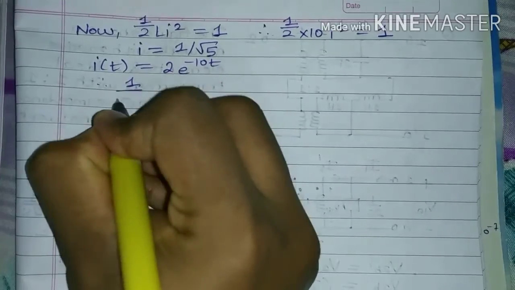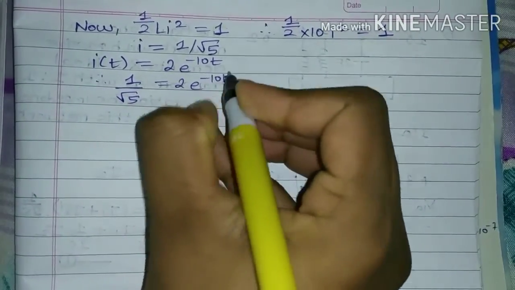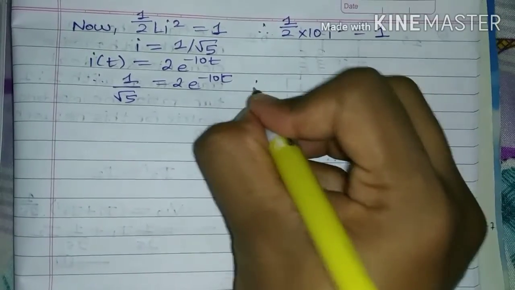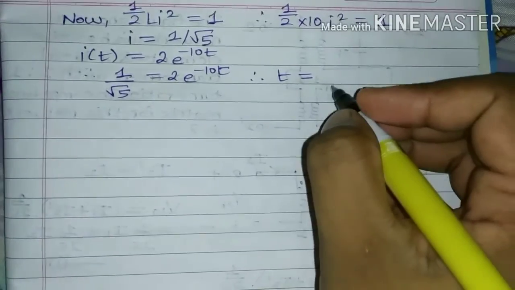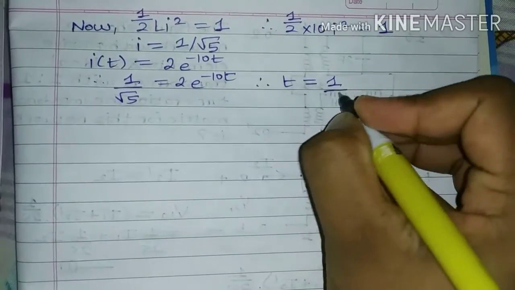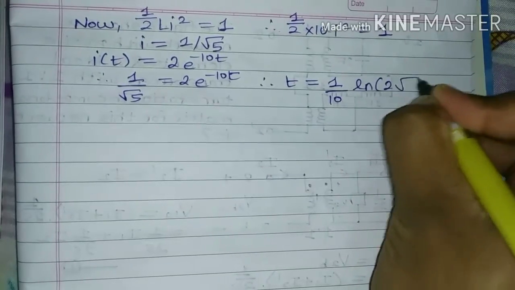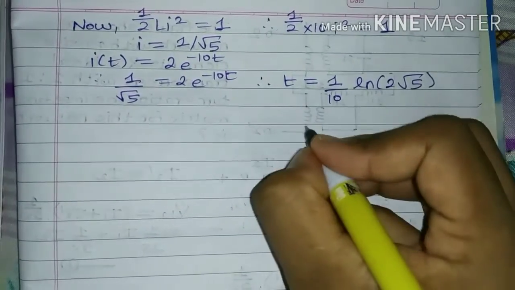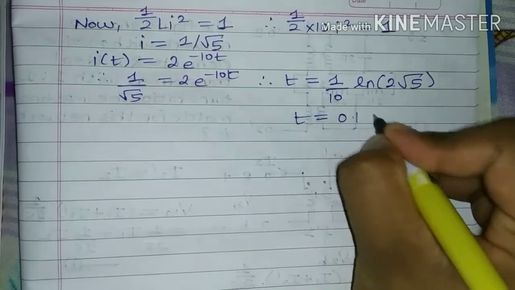Therefore 1 upon root 5 is equal to 2 into e raised to minus 10t. Hence t is equal to 1 upon 10 ln of 2 root 5, and the value of t turns out to be 0.15 second.